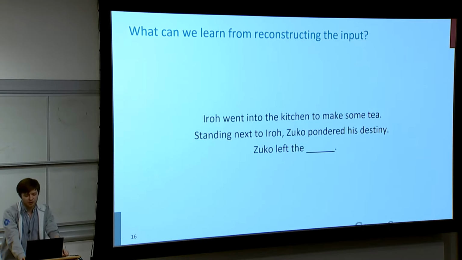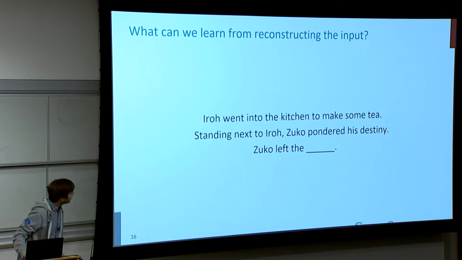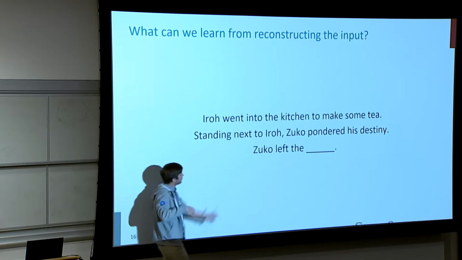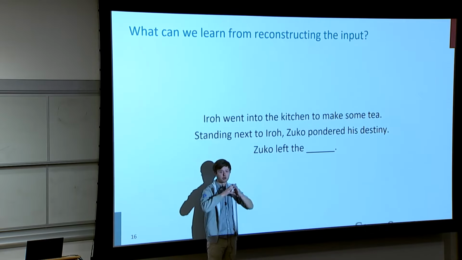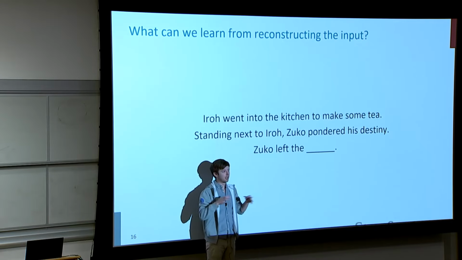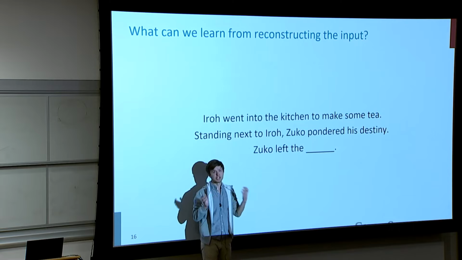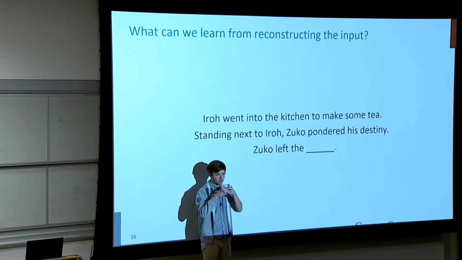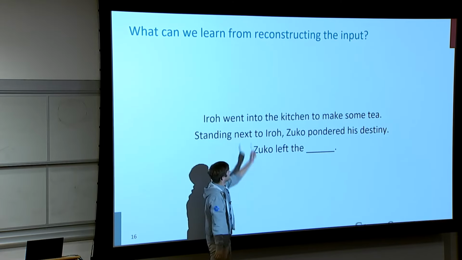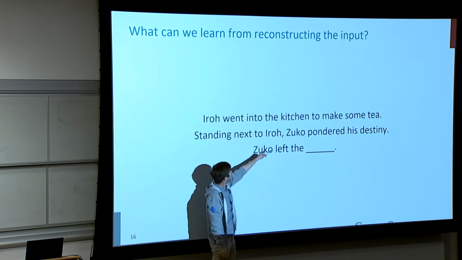So here's another one. Iroh went to the kitchen to make some tea. Standing next to Iroh, Zuko pondered his destiny. Zuko left the blank. Okay, so in this scenario, we've got a world implicitly that's been designed by the person who is creating this text, right? I've got physical locations in the discourse, like the kitchen, and I've got Zuko.